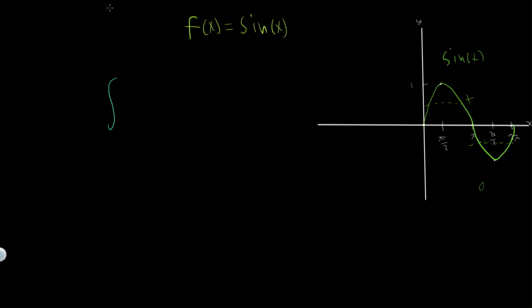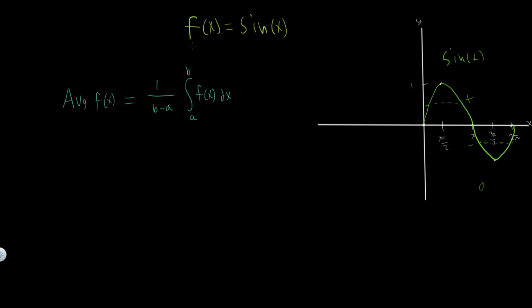The average value of f of x, I'll just denote it like this, is equal to 1 over b minus a times the integral from a to b of f of x dx. So in this case, our a value would be 0, right, because we start at 0. And our b value would be 2 pi, because we end at 2 pi.